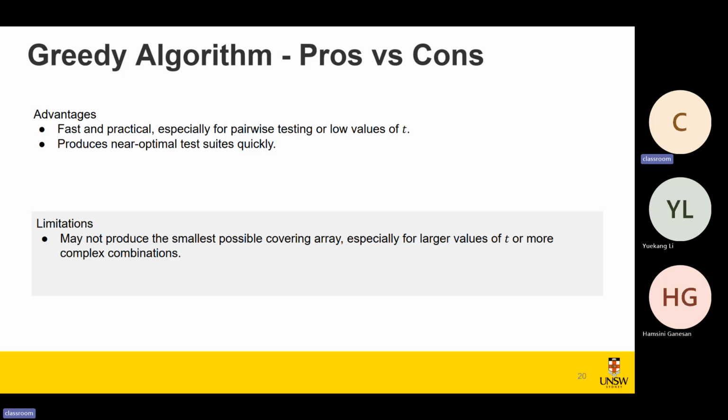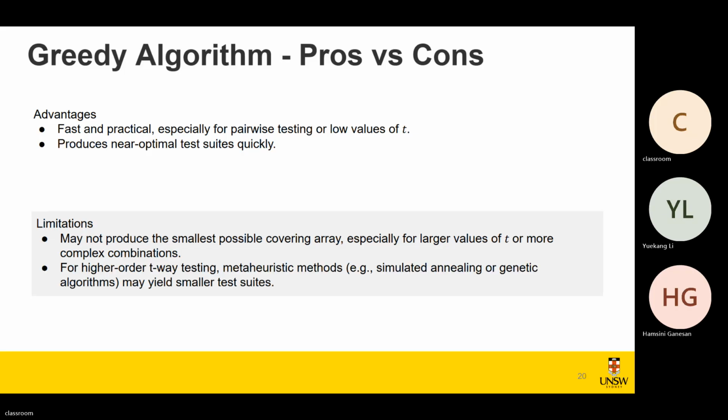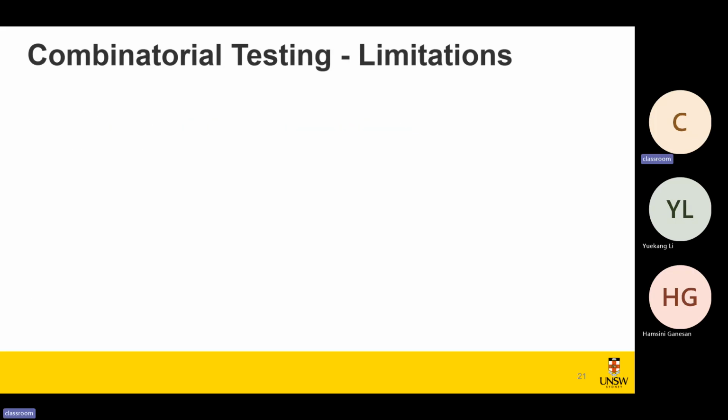If they can take more values, and if we have a larger value of t, then this greedy algorithm is more likely to give us a non-optimal solution. For those higher orders of t or more complex cases, some meta-heuristic methods may give us a smaller test suite.